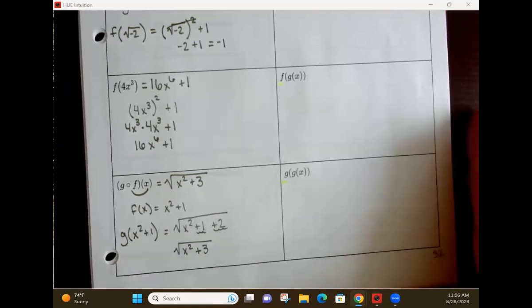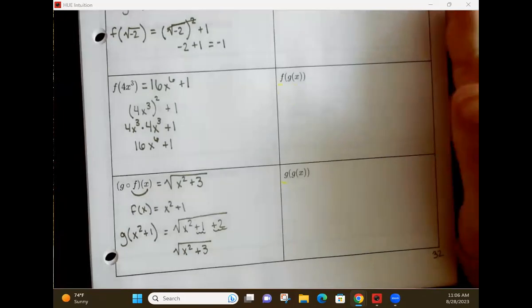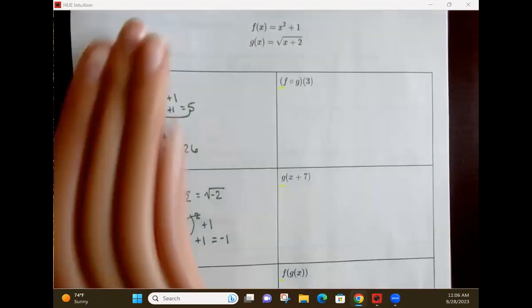I would like you now to try the other column on this page. So we did the left-hand side.